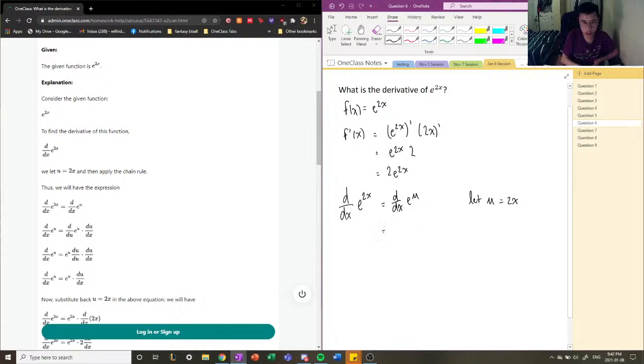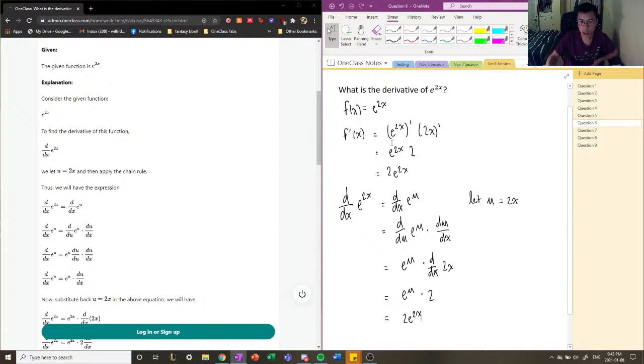So now we want to derive this first function in terms of u, and then we want to derive u in terms of x. The derivative of e to the u is just e to the u. And now we're going to derive du/dx. But u is equal to 2x, so we have to derive d/dx of 2x. And if we do that, we get e to the u times 2, and then we plug u back in, we get 2 times e to the power of 2x.